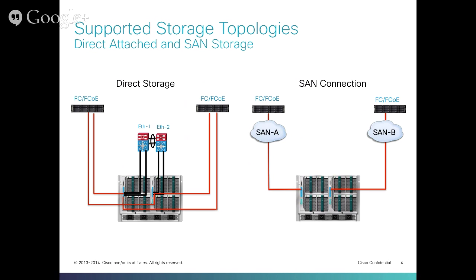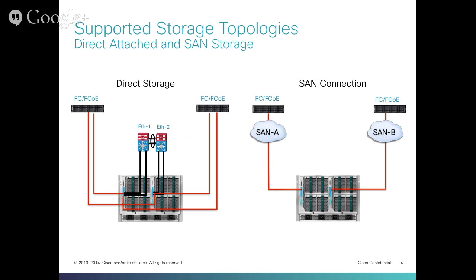When you do FC or FCoE direct attach, we'll do local zoning on the Mini itself. The second option is if you want to do an FC or FCoE connection into your SAN network. One caveat is we don't support end-host mode for FC storage today in the software release, but we will have that capability in a future release.